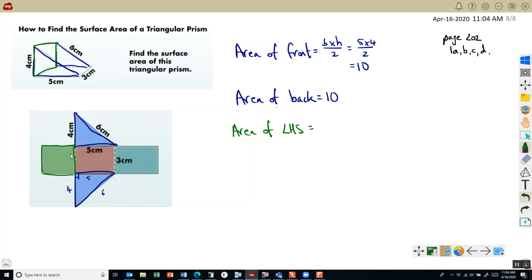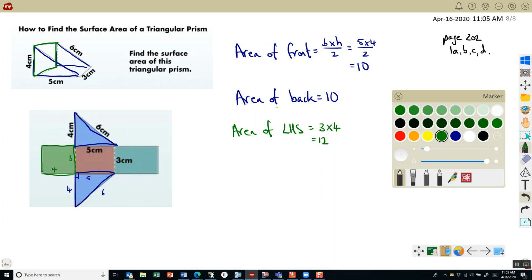Well, it's a rectangle. What is the length of the rectangle? Well, it's the same as this length, which is 3, and I can see that quite clearly here. What is the width of the rectangle? What is this length? Well, this length is the same as this one, isn't it? So that's 3, and this one is 4. So the area of this shape is just 3 times 4, which is 12.